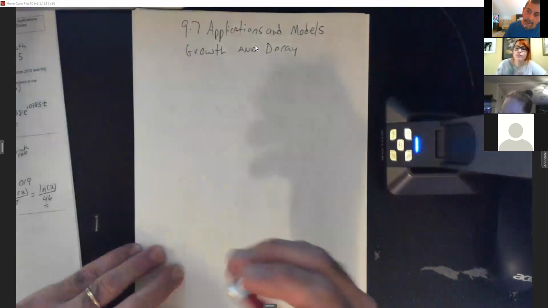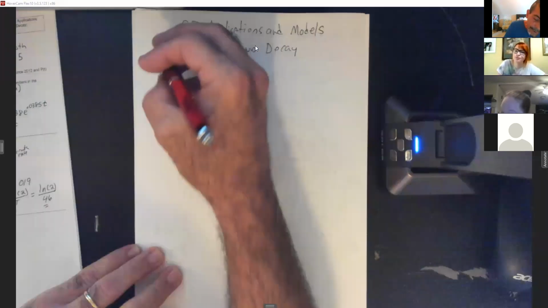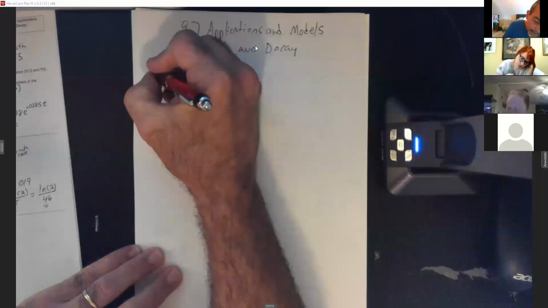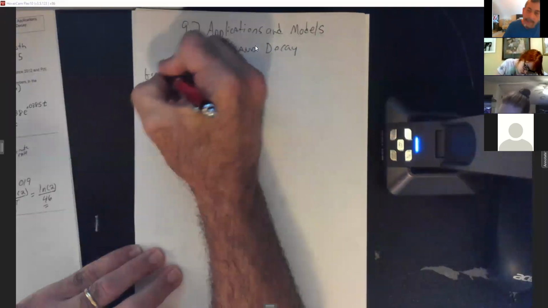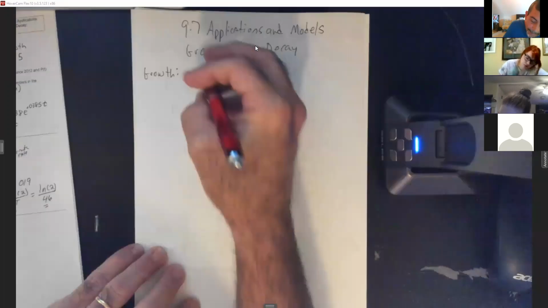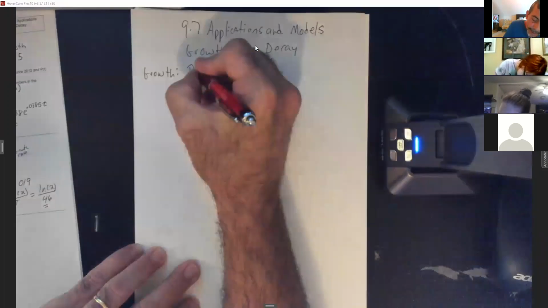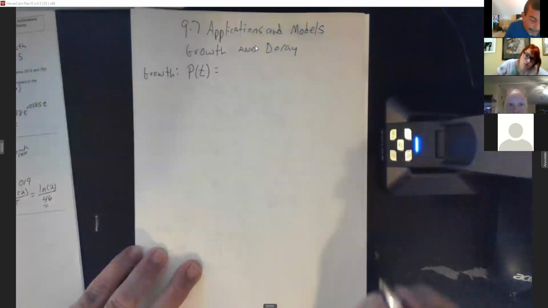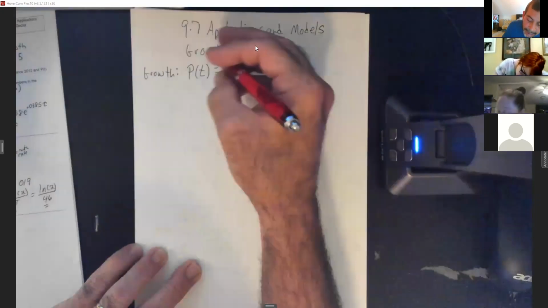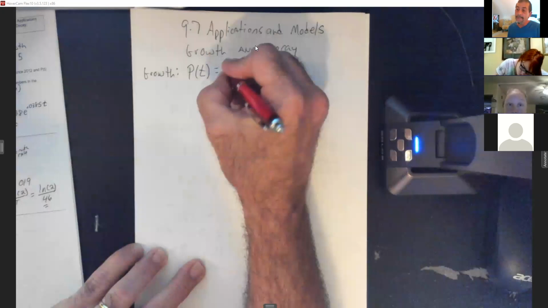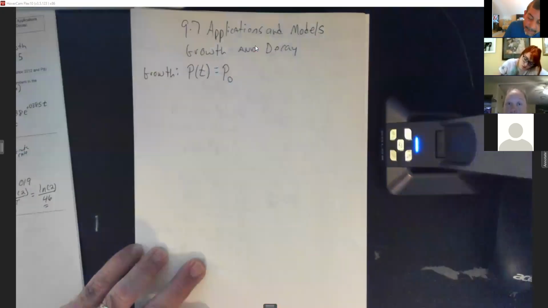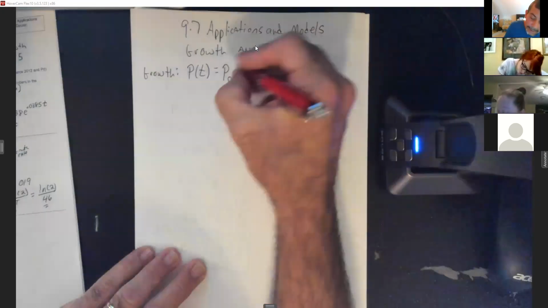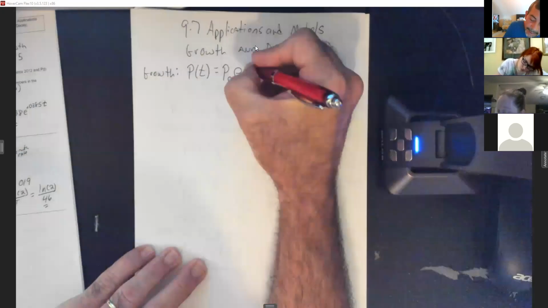Okay, so I'm going to give you all a new formula. So this is for growth. So growth, we have P of t. So remember, t is my variable for time. It's going to equal P subscript 0 times e to the k times t.